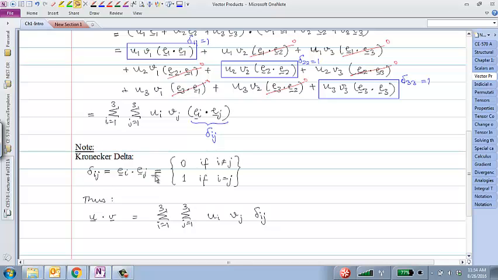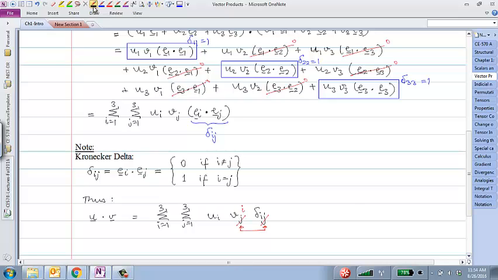There were 9 values, 6 of them were 0. The way it helps us is that you can contract one of the indices out for the delta ij, meaning that I can take, for example, this j and this j, I can cancel those off and I can replace that with i.